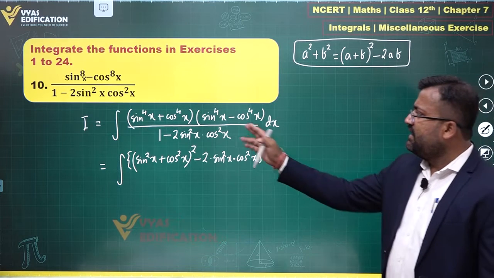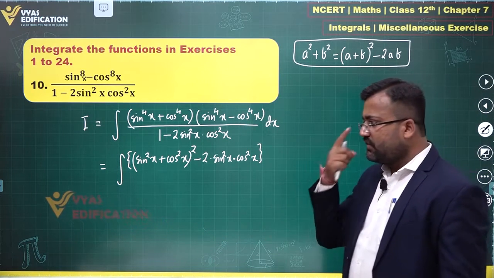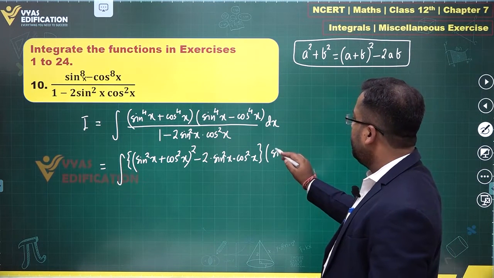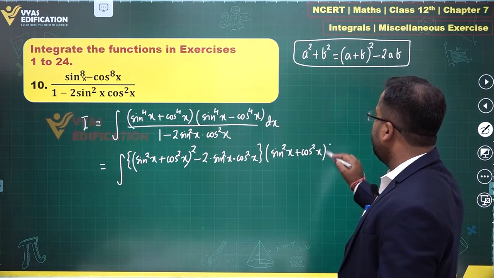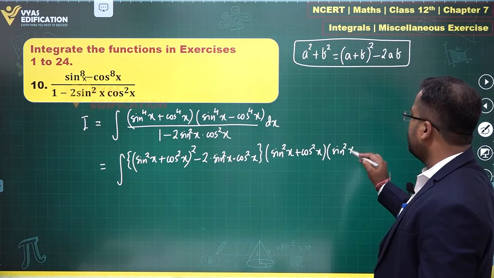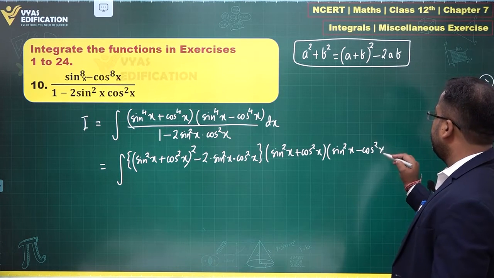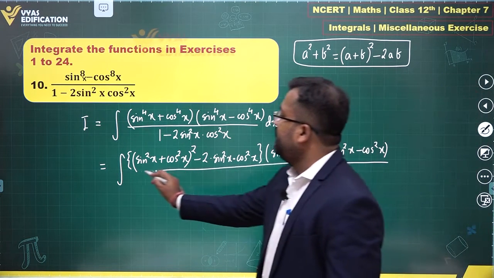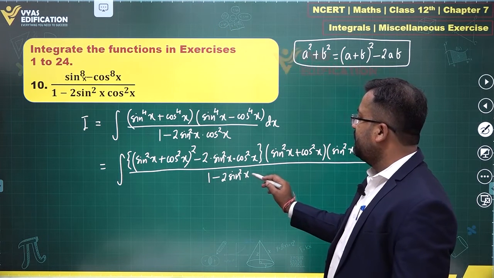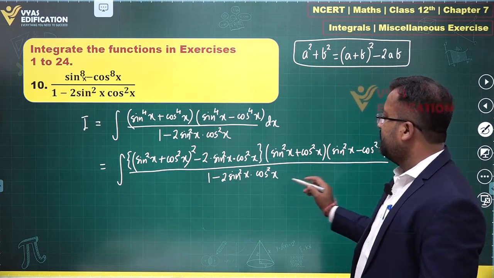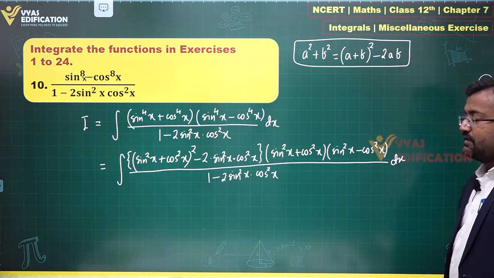This is again sin square square minus cos square square, which can be written as (sin square x plus cos square x)(sin square x minus cos square x). And in the denominator, we have this 1 minus 2 sin square x cos square x with dx.